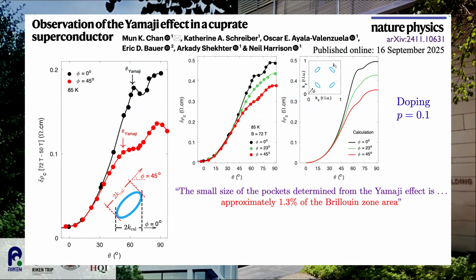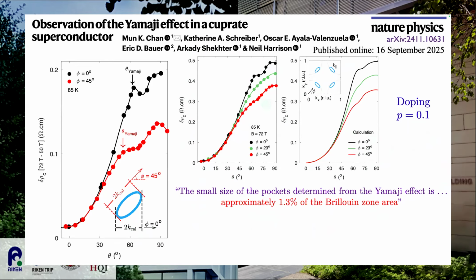And assuming these elliptical pockets, they can actually compute the entire theta dependence in a Boltzmann approach of the c-axis resistivity. And this is the main conclusion in their paper, that there are small pockets in this region with area approximately 1.3% of the Brillouin zone at the doping of p equals 0.1.